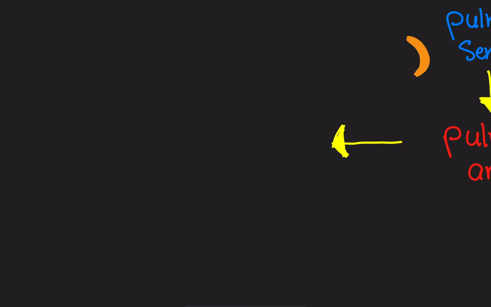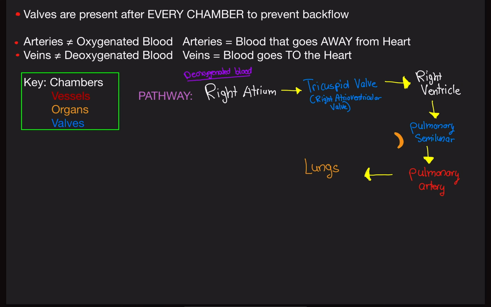This is me drawing the lungs in orange. Why are we going to the lungs? We're going to the lungs to pick up oxygen. We're doing gas exchange in our lungs, right? We're picking up oxygen, exchanging for CO2. We want to oxygenate this blood so we can supply it to our tissues and other organs in our body because they need oxygen to survive.